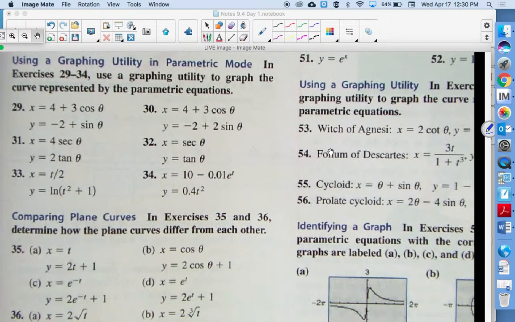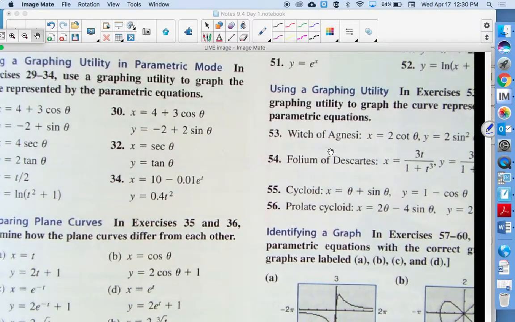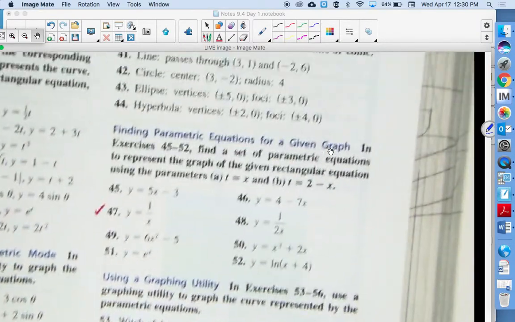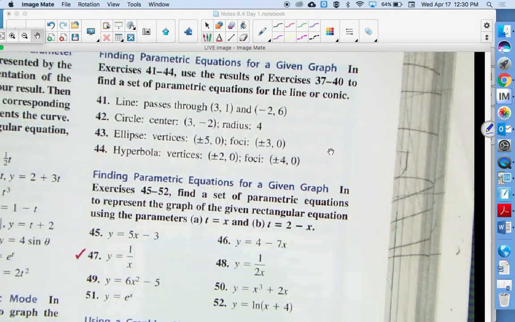asks you to go back to those parametric equations. Can you see 41? Nope. So 41, you're going back to the parametric equations that are written in the book, not the equation you create, because you're creating a rectangular form. But going back to the parametric equation that's in the book for number 37, you're plugging in actual points.